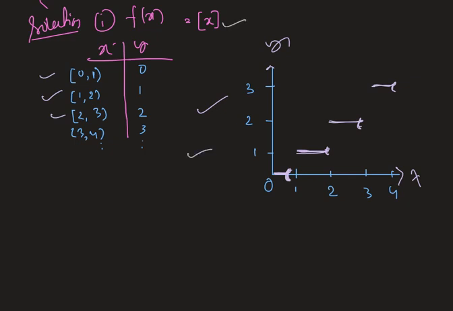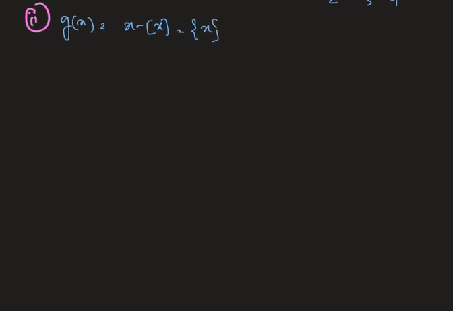Now let's try the next graph. The next one is g of x equals x minus box of x, which is the fractional portion of x. At first we write different values corresponding to x and g.